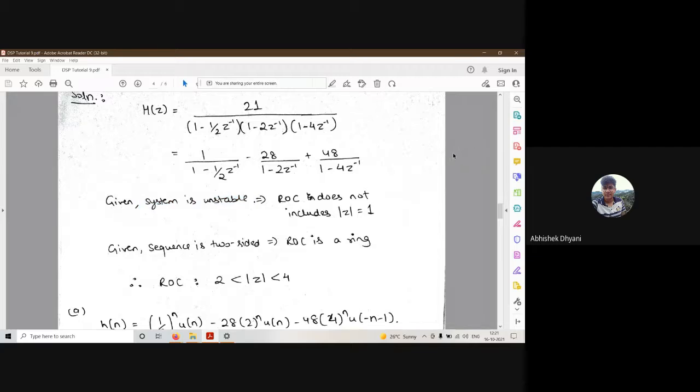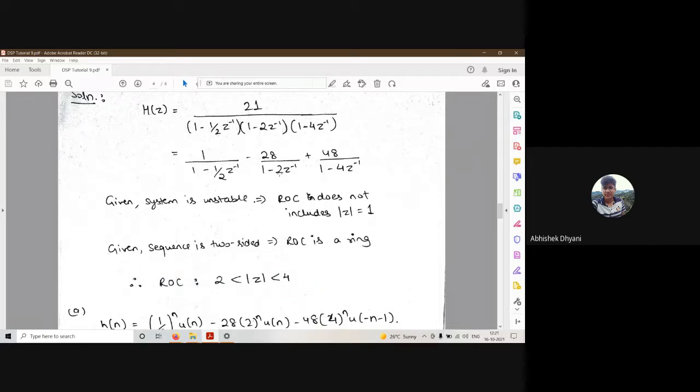Also the ROC is a ring. So we only have one option left, which is that |z| must be between 2 and 4, because in that case the system is unstable and we get a two-sided sequence. So that's why the ROC is 2 to 4.